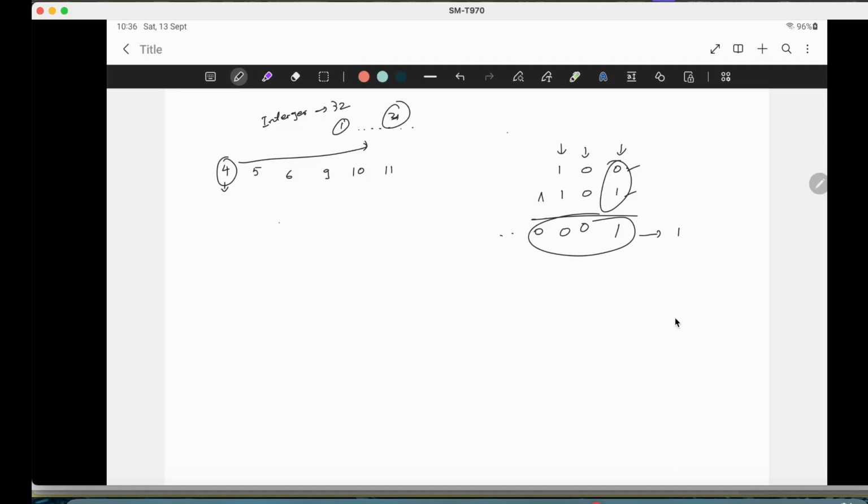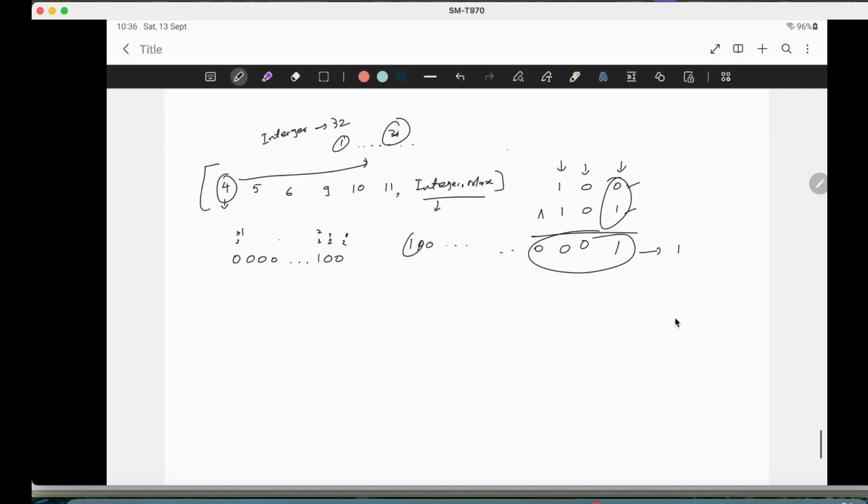So these 31 bits in 4 are 0 0 0 0 all the way to 1 0 0. This is how these bits represent it, and it goes all the way to the power of 31. Obviously, if in this array we have the maximum value Integer.MAX, it will be like 1 1 1 at the end.